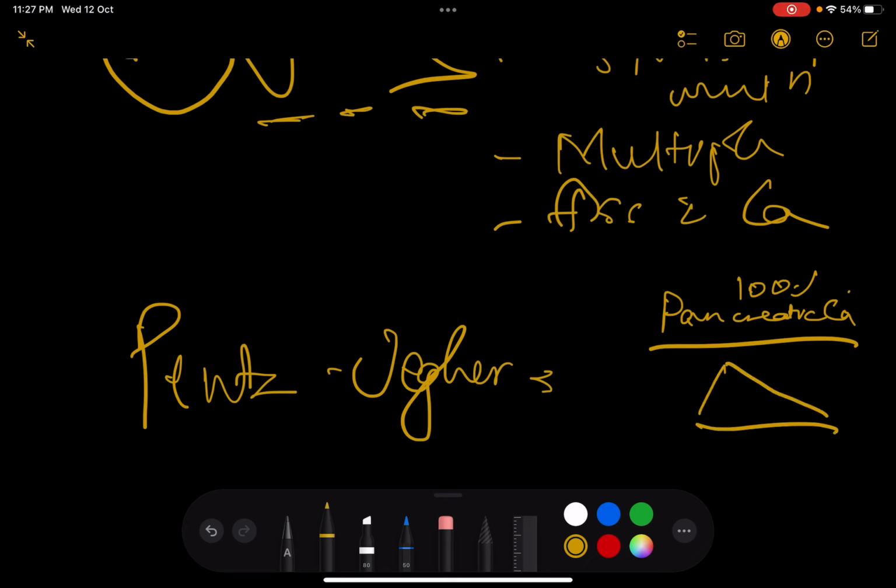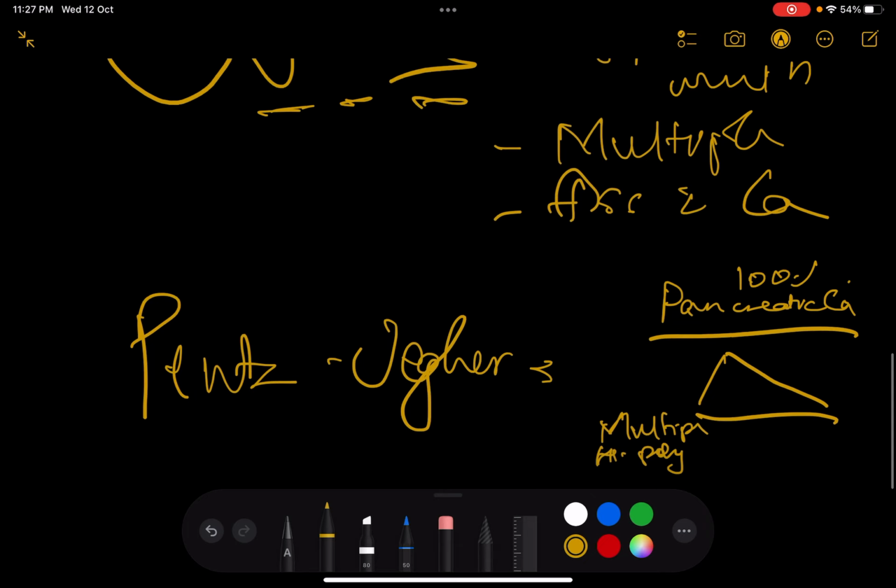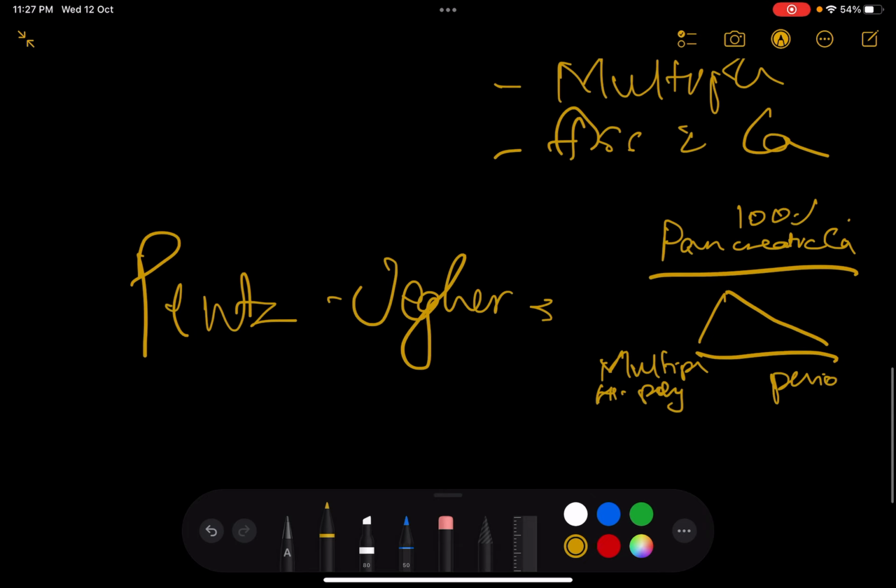There are obviously the polyps that are seen, multiple hamartomatous polyps, H for hamartomatous, and there is perioral melanosis, that is pigmentation around the lips. So that's Peutz-Jeghers syndrome, and it's polyps throughout the GI tract.